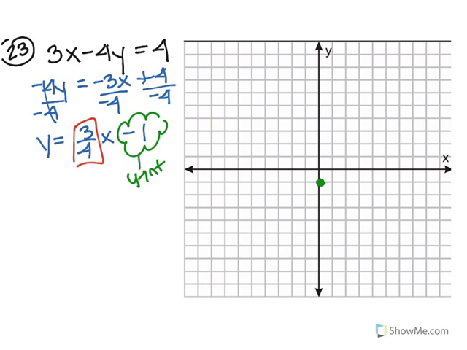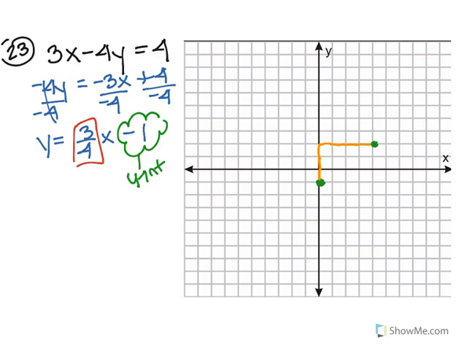So that means we're going to go up, rise 3 lines, and run to the right 4 lines. So I'm going to show my path in yellow. I'm going to go up 1, 2, 3, over to the right 1, 2, 3, 4. And my next point would be here.